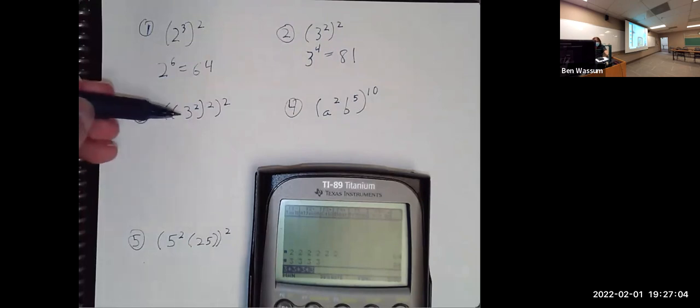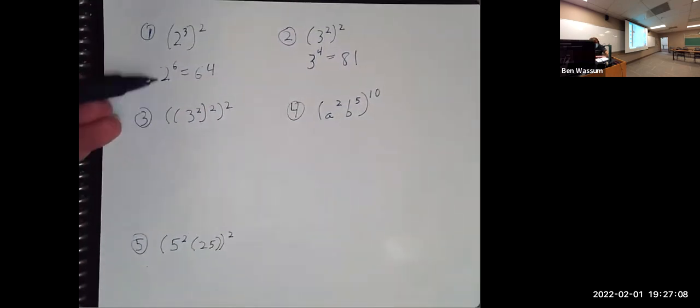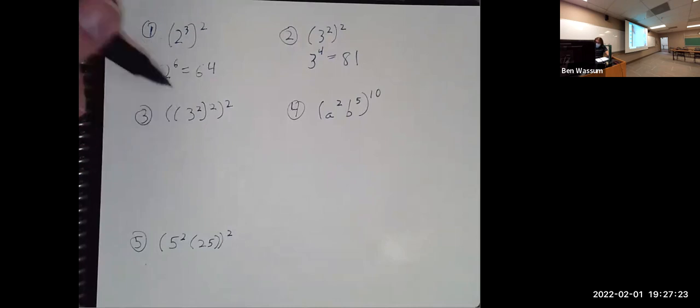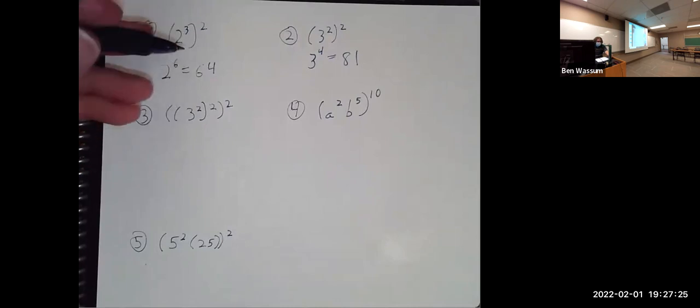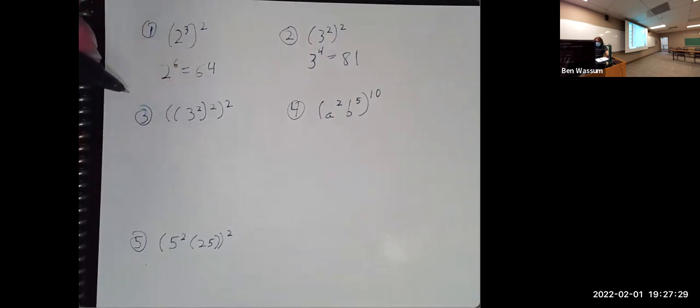Now this one's kind of trippy, right? So if you run into a problem like this, where you have nested parentheses, where it's just kind of messy. This thing's messy. It's horrible. We don't like it. We don't like looking at it. The easiest thing to do would be to take it as a couple of different steps.